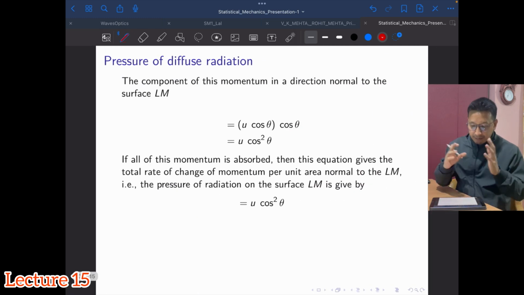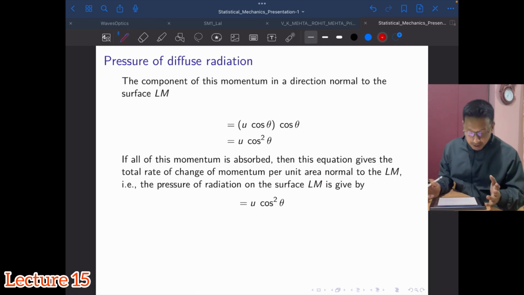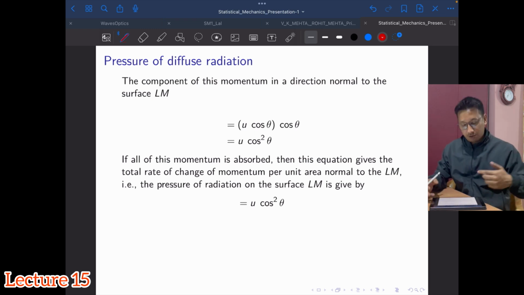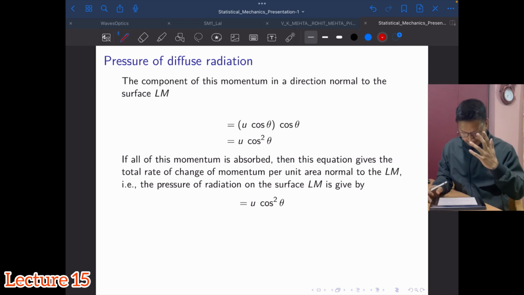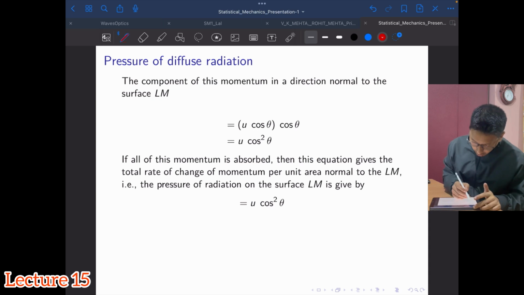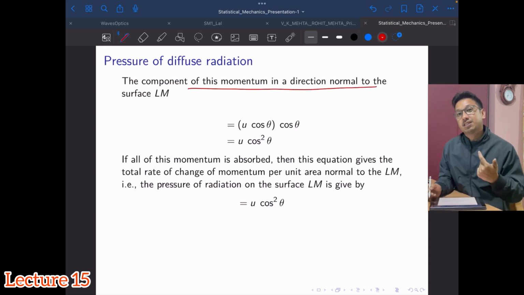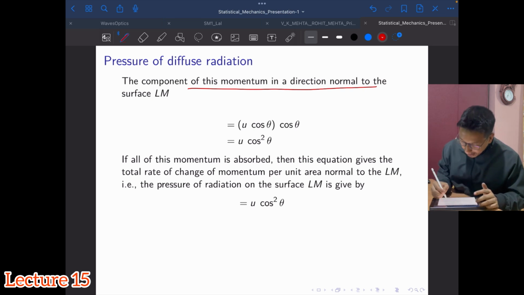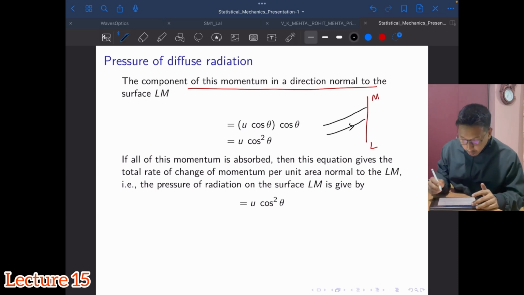Then what do I have to consider now? This is only for one photon, but I have to consider all photons from different directions. So the component of this momentum in a direction normal to the surface LM: I have this surface LM, and the rays of light are falling like this.